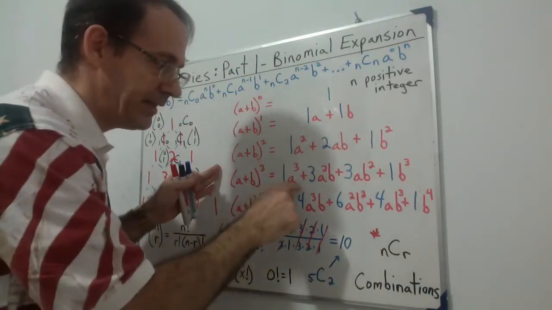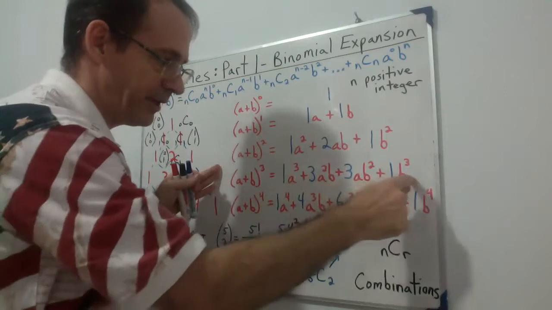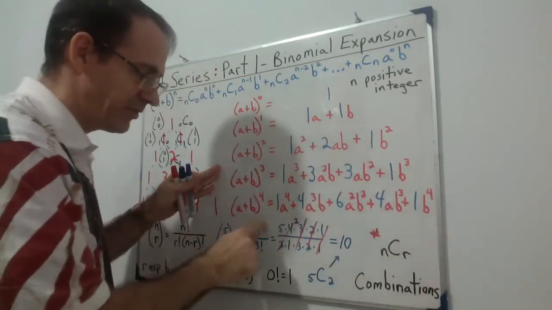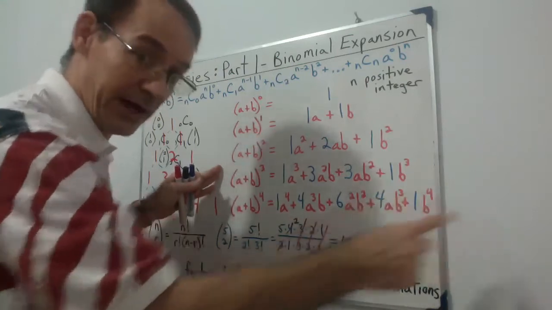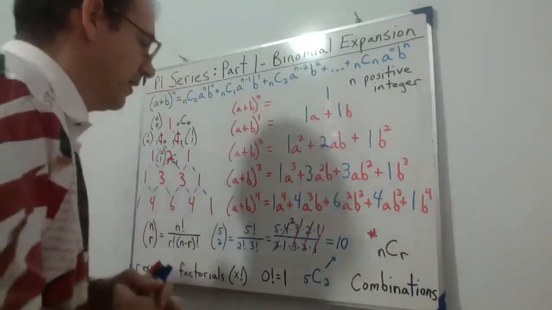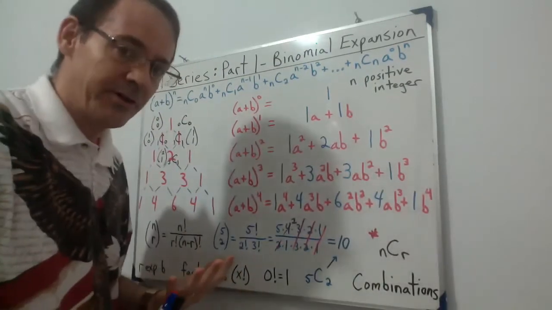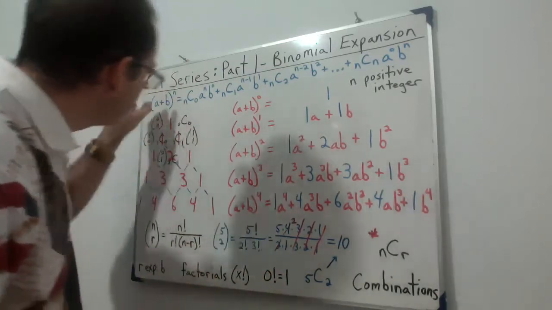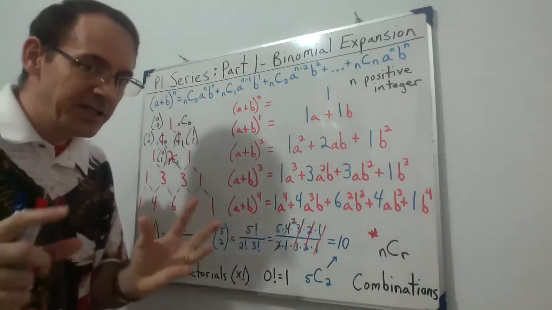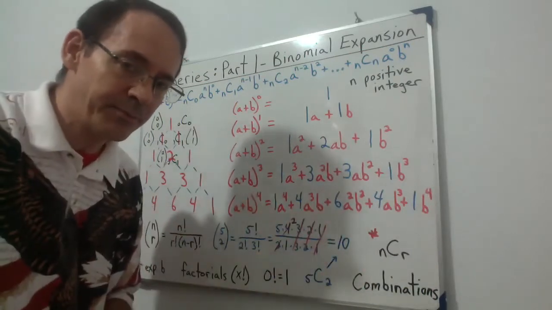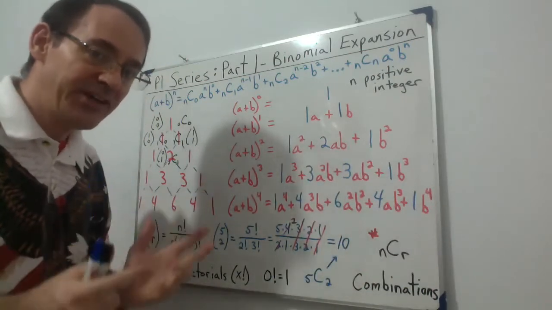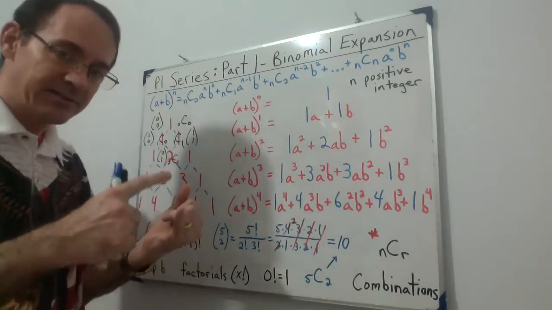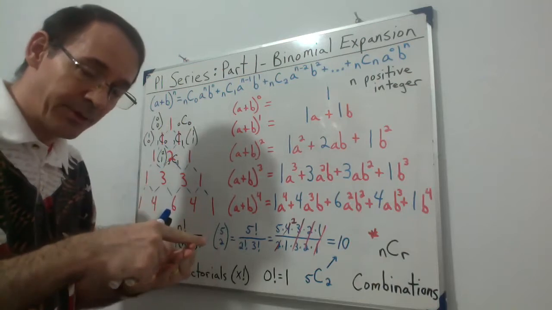Go by your b exponent. b0, b1, b2, b3, b4. The next line, b0, b1, b2, b3, b4, b5. Okay? So that's how the a's and b's go. But remember that a and b are not going to be a and b in the problems. a and b represent a term that has sign, coefficient, variable, exponent.